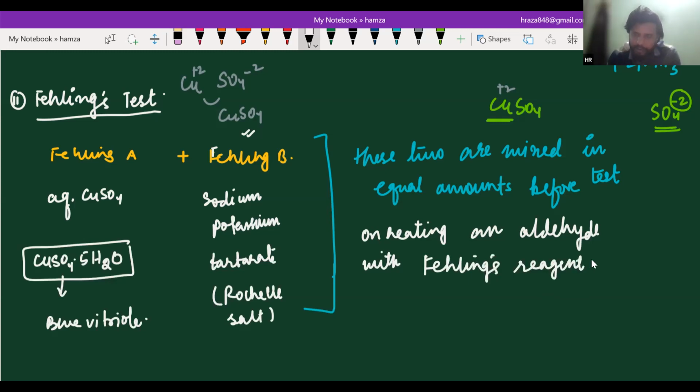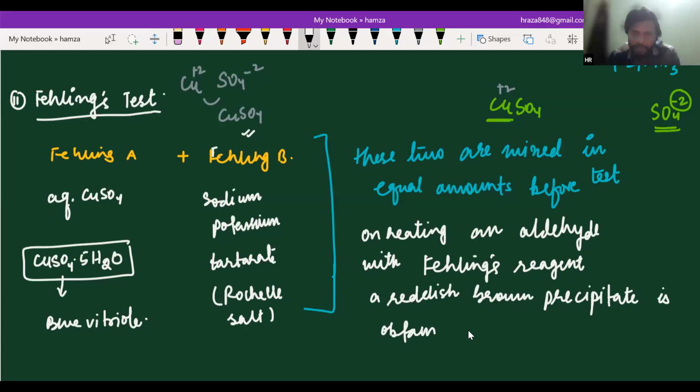On heating an aldehyde with Fehling's reagent, a reddish brown precipitate is obtained, and this aldehyde oxidizes to the corresponding carboxylate anion.